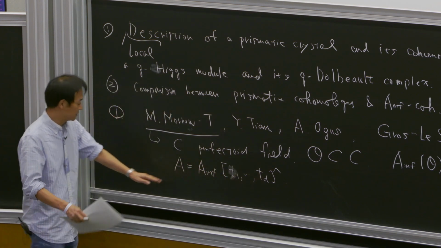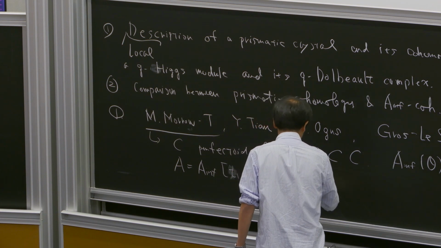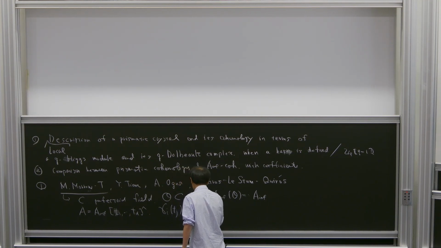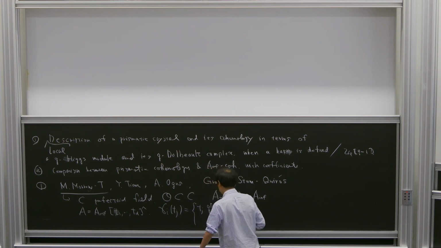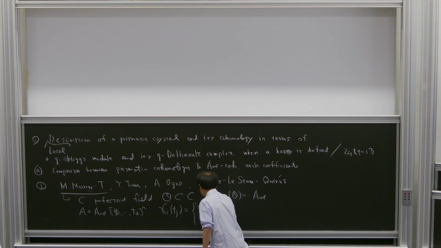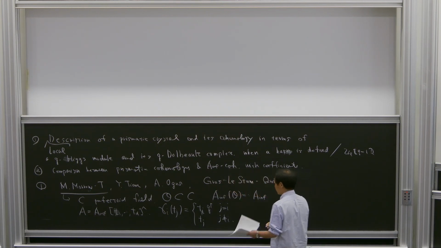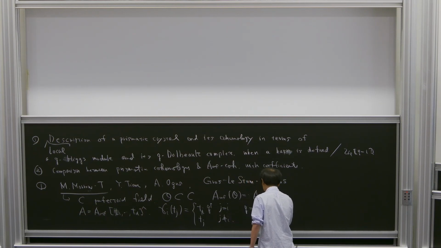So this is a power series ring, and then we consider the automorphism gamma_i of A, defined by T_i goes to q T_i, and T_j goes to T_j if j is not equal to i. And q is just something like this.